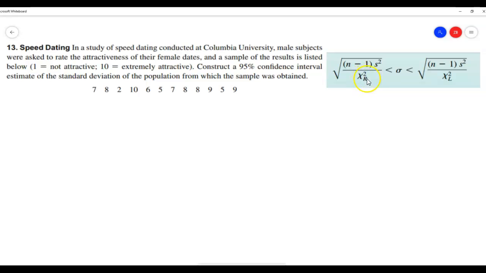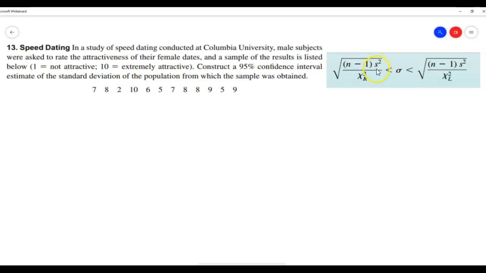This is going to be the new distribution critical value that we're going to need to talk a little bit about. This is the chi-square. So the x with the little 2 there, that's the chi-square. So this is the chi-square right, and this is the chi-square left critical value.